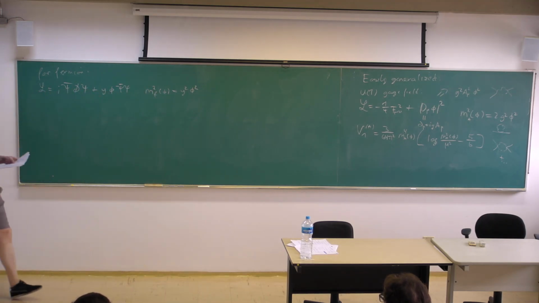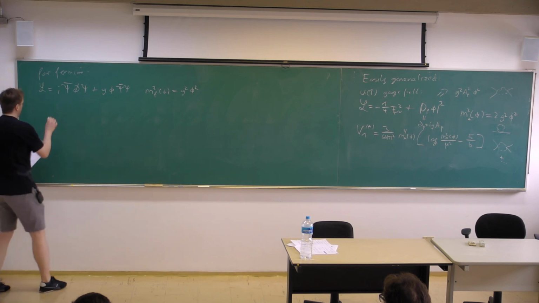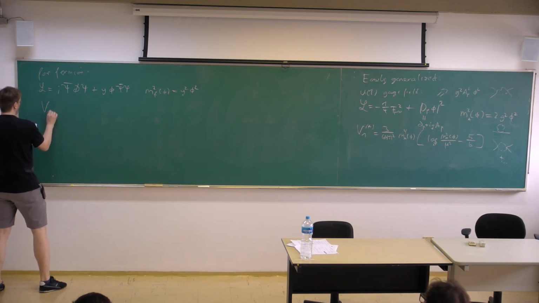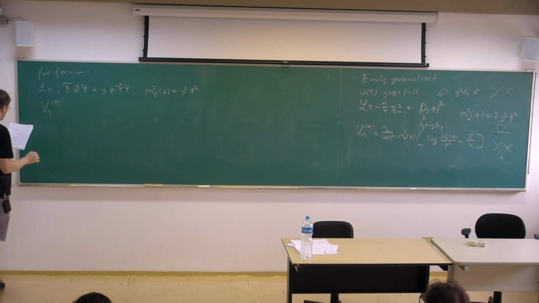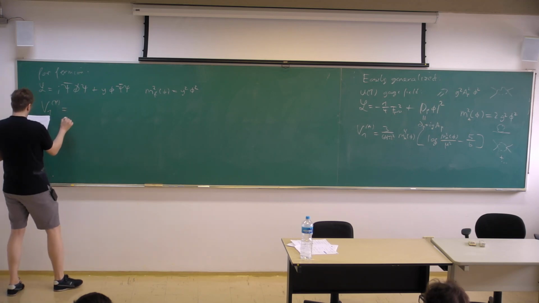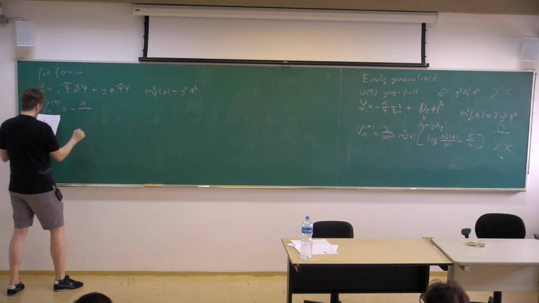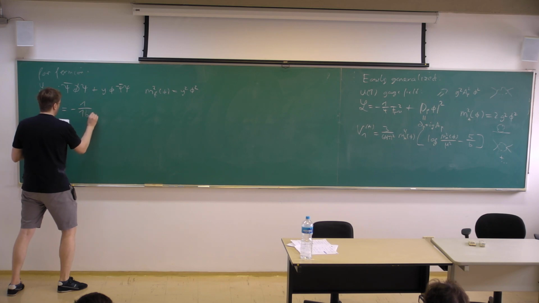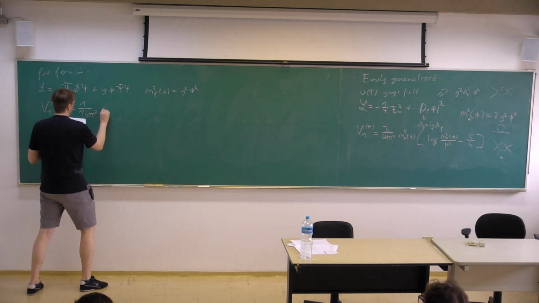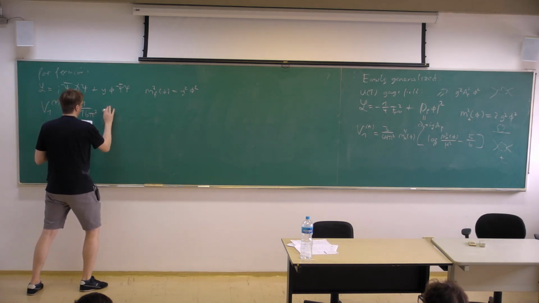So again I have a field-dependent mass, and there's a Coleman-Weinberg formula that tells me, essentially by integrating out the fermion, the loop corrections from the fermion, what the contribution to the effective potential of my scalar phi is. Again, it has a very similar form to what we had before.